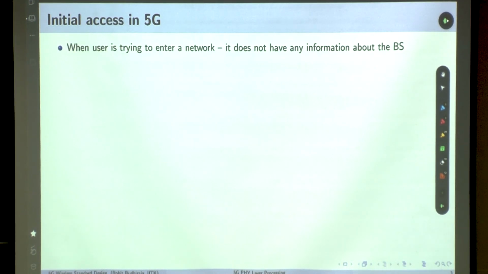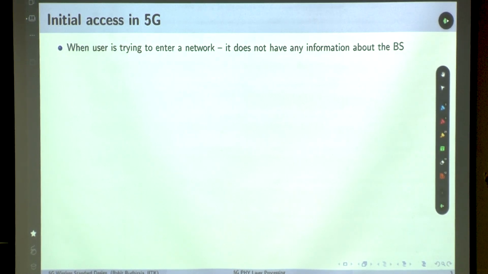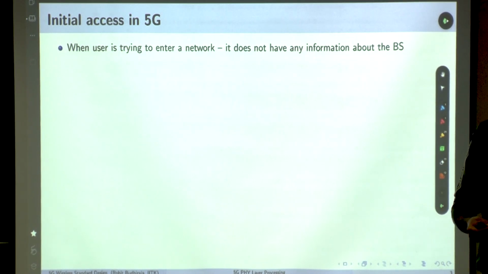But in the context of 5G, what is initial access? Look at this bullet. When a user is trying to enter a network, it does not have any information about the base station. What do I mean by a user trying to enter a network? Let's say you bought a new mobile and you're switching it on.